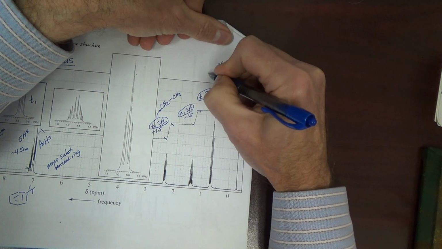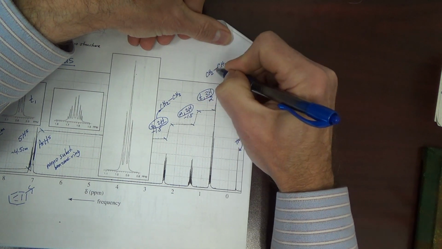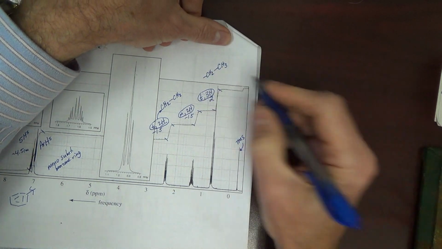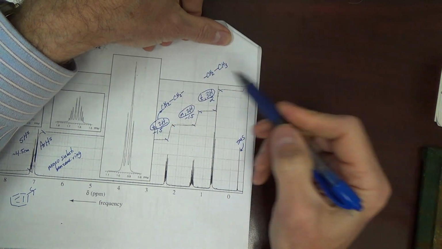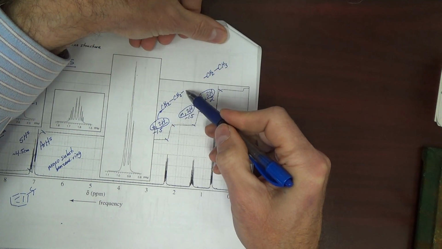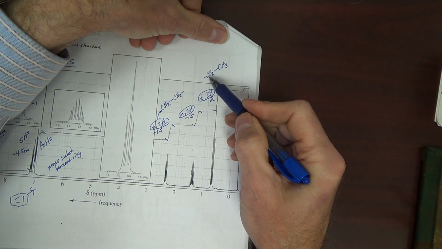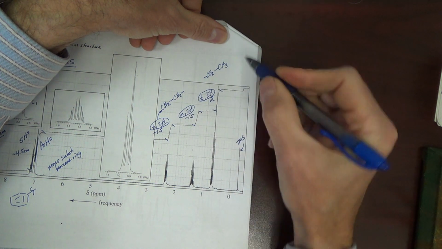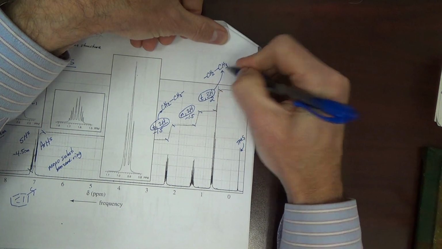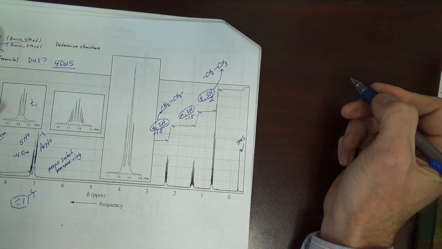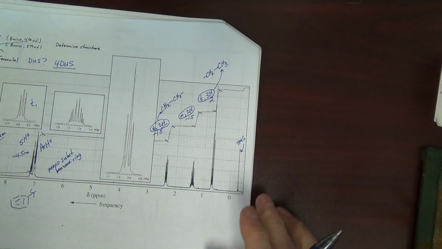Neighbors. This is bonded to a CH2. And by the way, this CH2 has to be bonded to something else because carbon makes 4 bonds. Same thing here. CH3 here. So this is a triplet 3H. Okay.